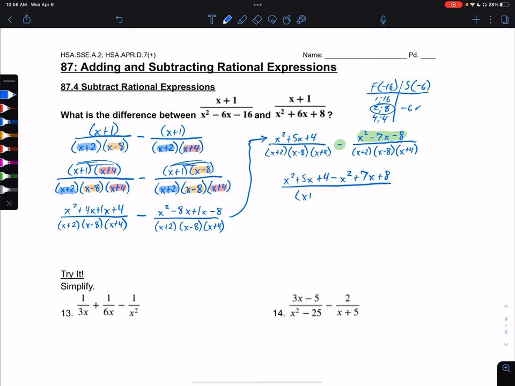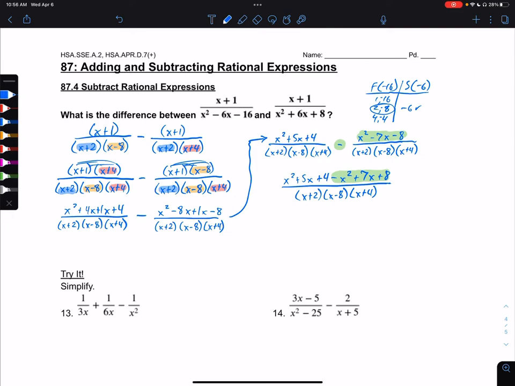My denominator stays the same. Okay, so remember that these three terms here came from distributing that subtraction sign or that negative sign.